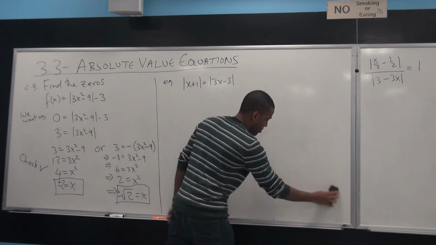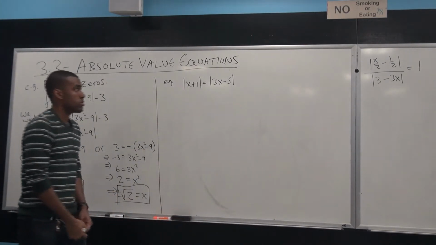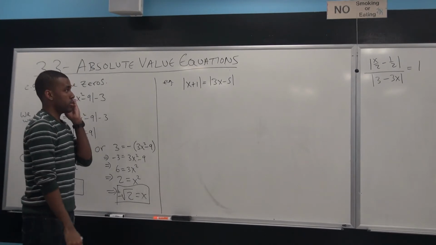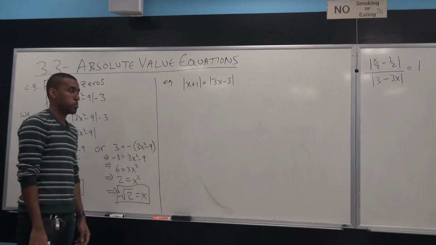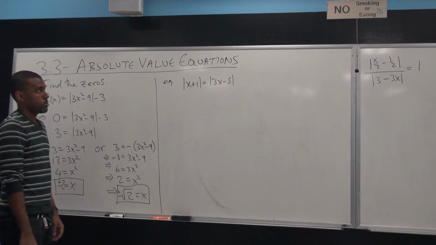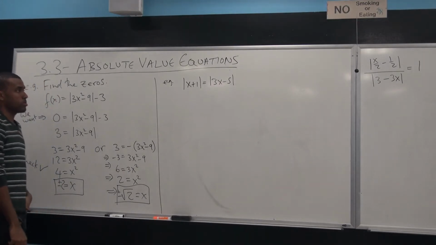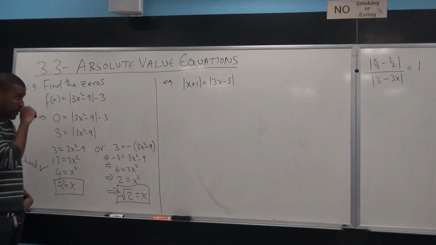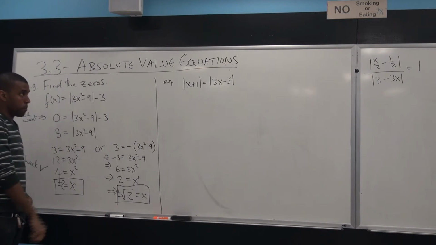Here's a fancy one. How do we do with this guy? x plus 1 equals 3x plus 5.